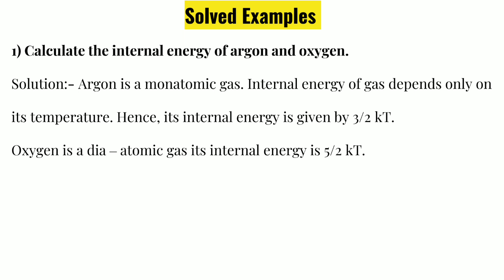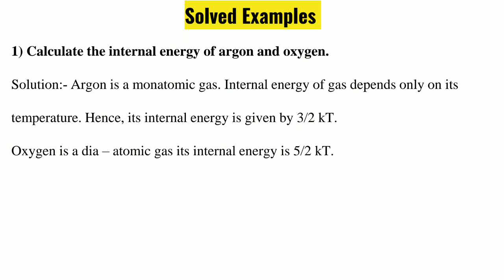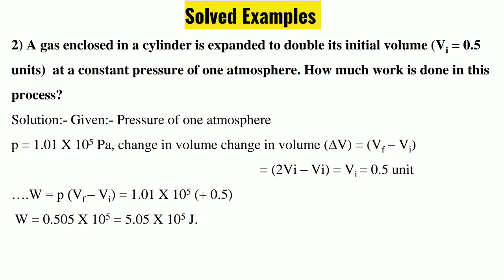So the internal energy of argon gas can be given by 3 upon 2 kT. Oxygen is O2, a diatomic gas, so its internal energy can be given by 5 upon 2 kT.